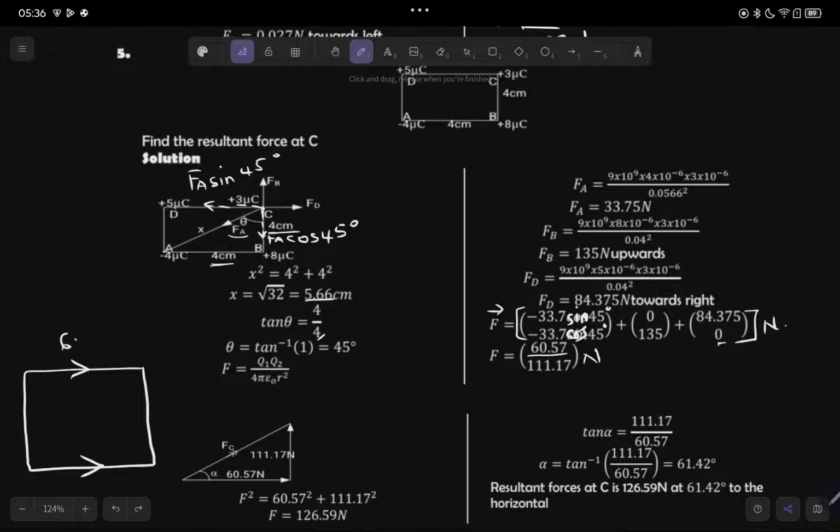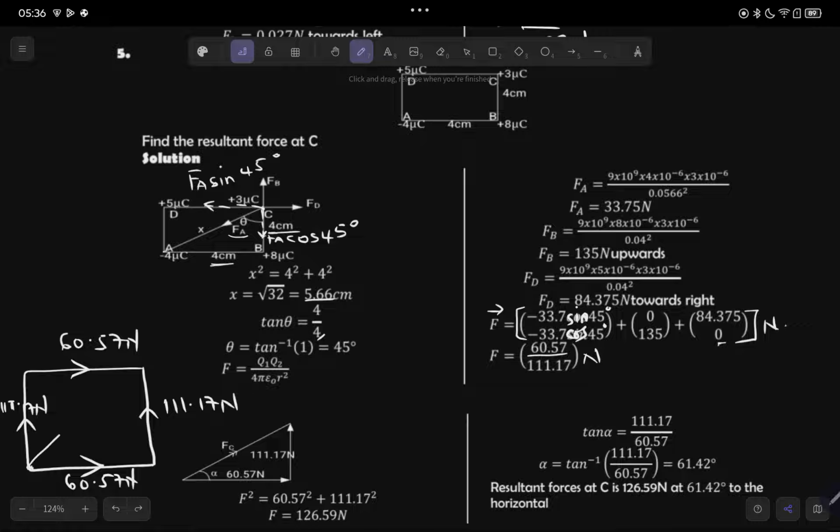This is 60.57 newtons. Then vertically, it's also positive, also make it positive, and we have 111.17 newtons. Then you check around your rectangle that you have drawn for the corner which has two arrows coming from it. So this corner is this one.